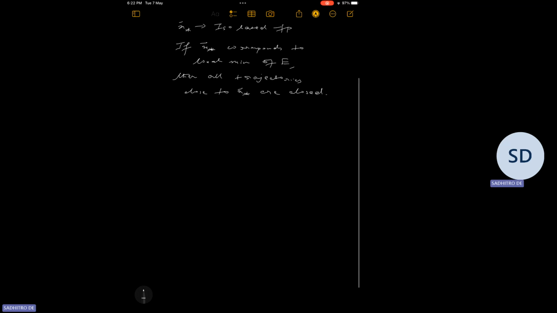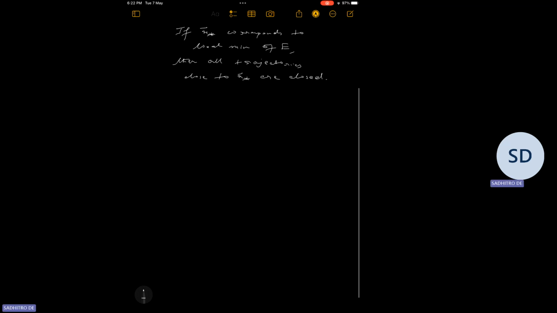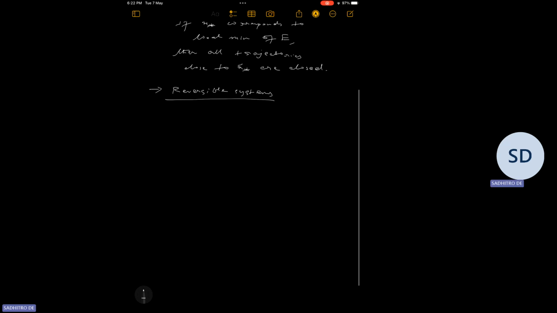Now let us take a look at another type of system, which are known as reversible systems. Reversible systems are the ones which obey a time reversal symmetry.